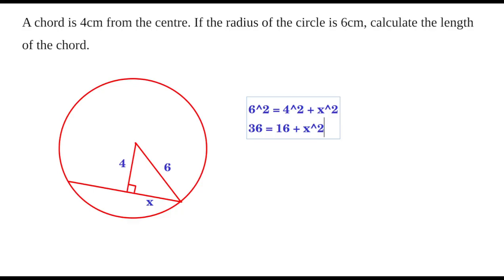Now from there, let's subtract 16 from both sides. The 16s are gone, and you are left with 36 minus 16, which is 20, equal to x squared. Now let's calculate the square root of 20.